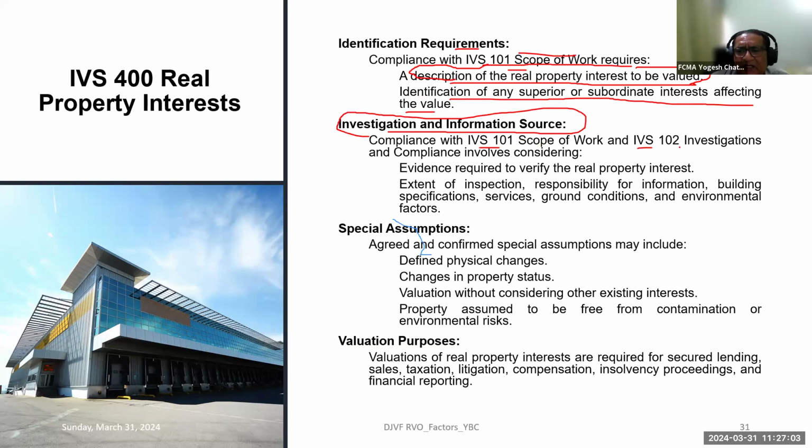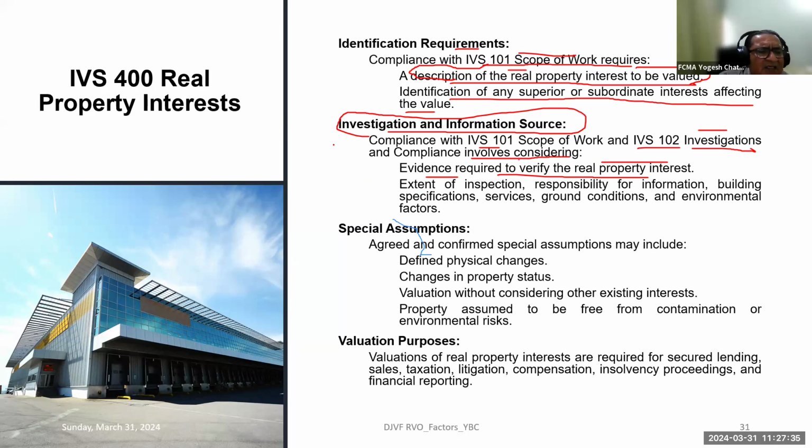IVS 101 and 102, the process of due diligence, will involve consideration of the evidence required to verify the real property interest. Here I would like to quote a case law that happened in Maharashtra. A property was valued by a valuer, and a very high value was attached to it because it happened to be a commercial property.